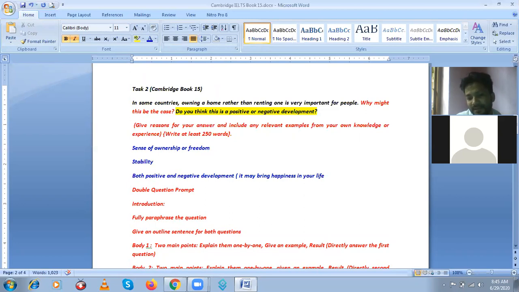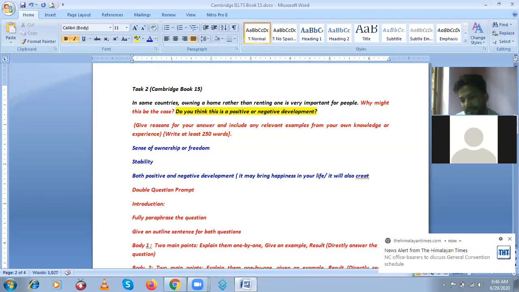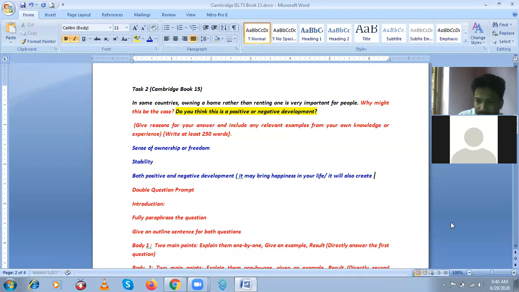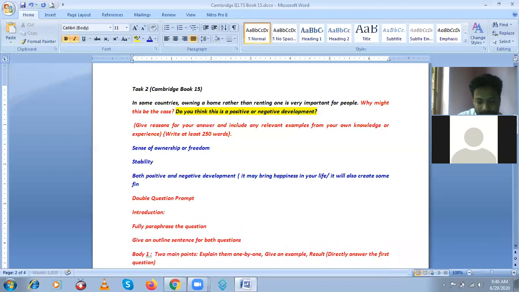If you have your own home, it may bring happiness in your life, and it will also create some financial pressure, some loss, like that.